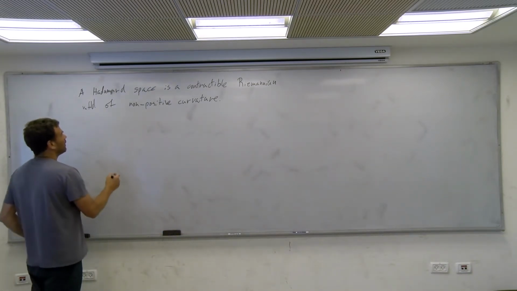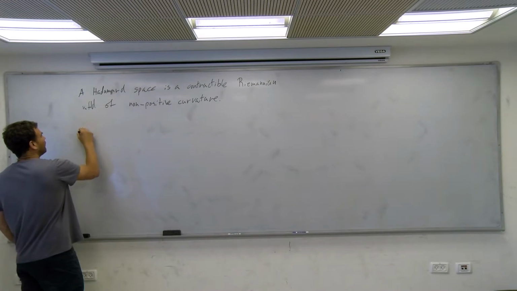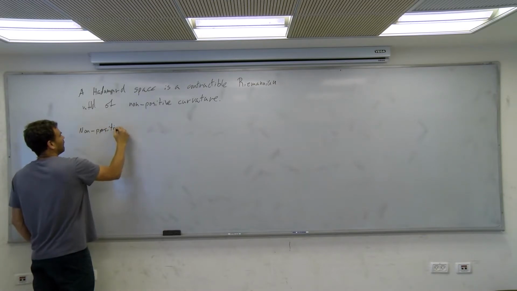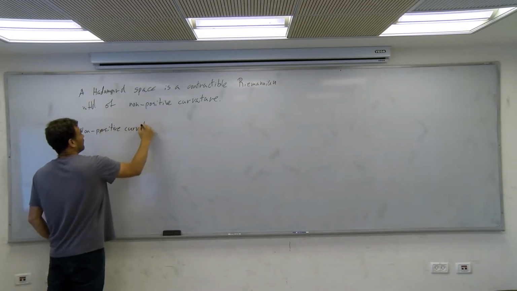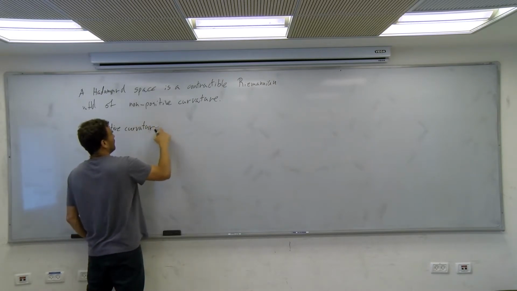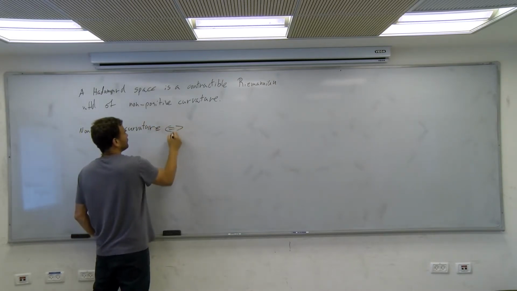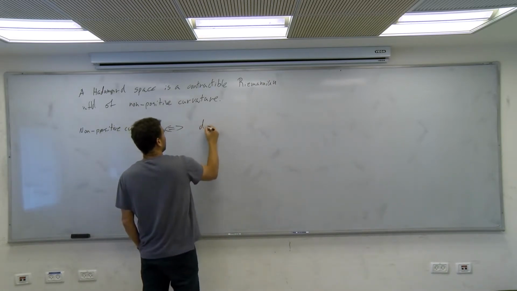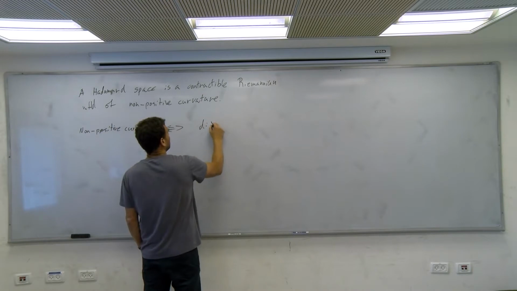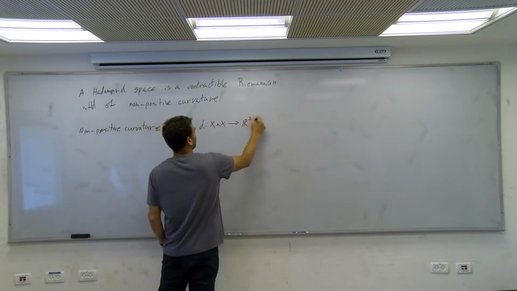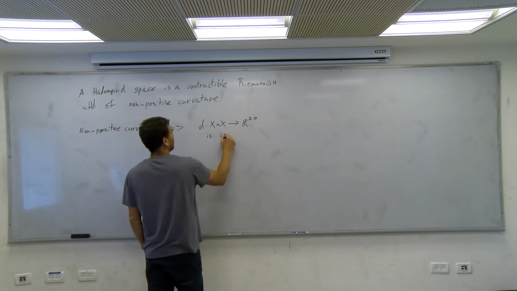And non-positive curvature is equivalent to the fact that the distance function from X cross X to R is convex.